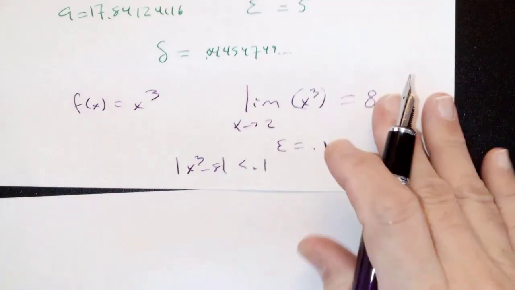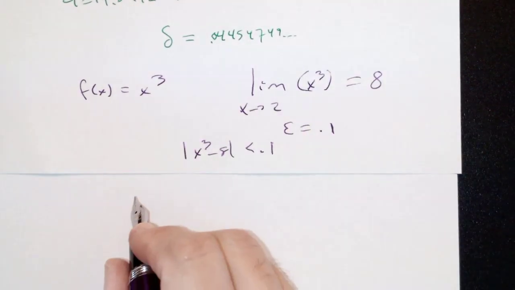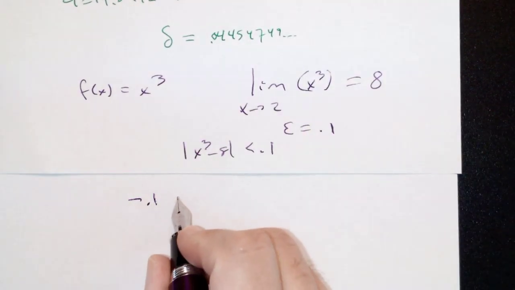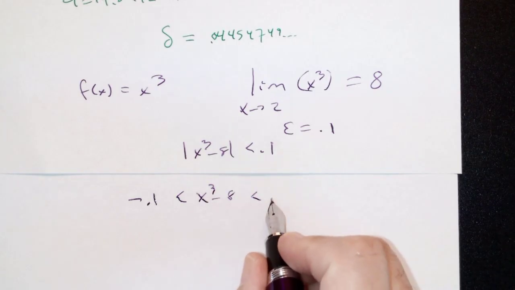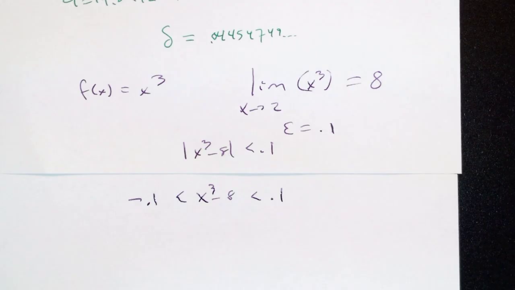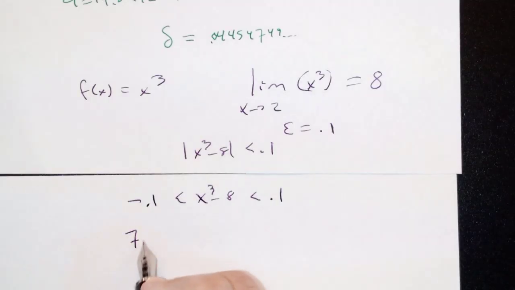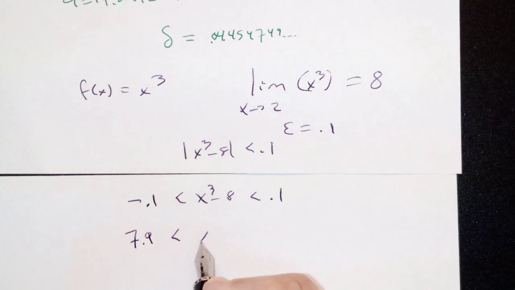I'm going to say, all right, if I need to be within 0.1, I could be as small as negative 0.1 or as big as 0.1. That's how far off I'm allowed to be. Add 8 to all the sides. 7.9 less than x cubed less than 8.1.